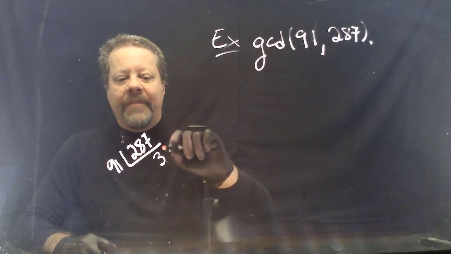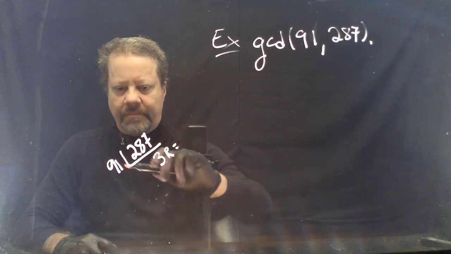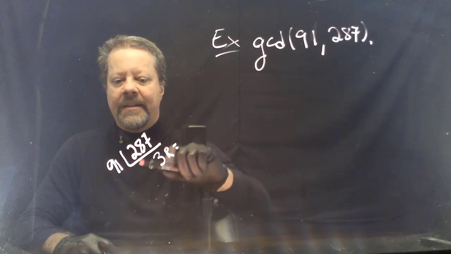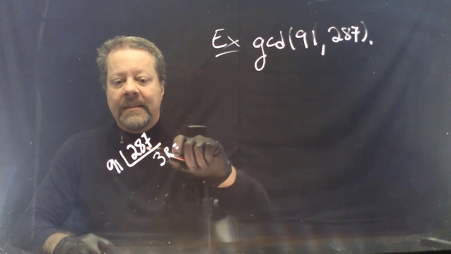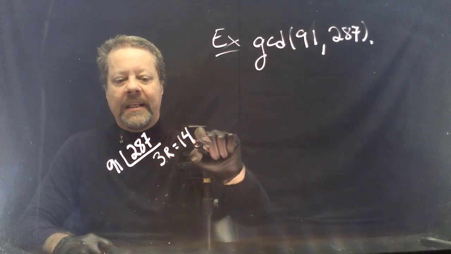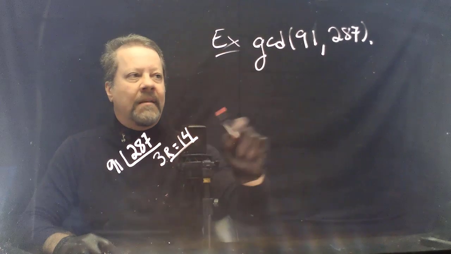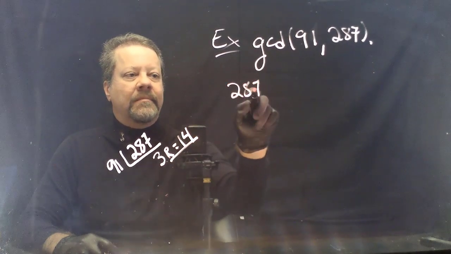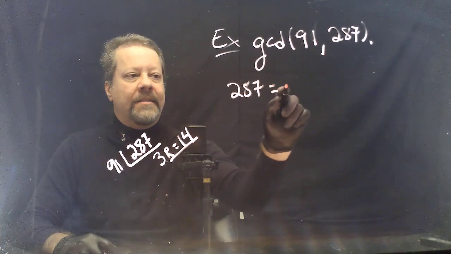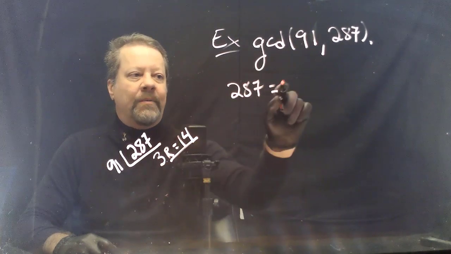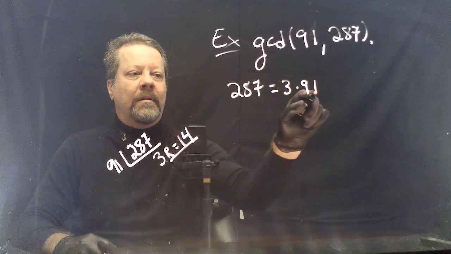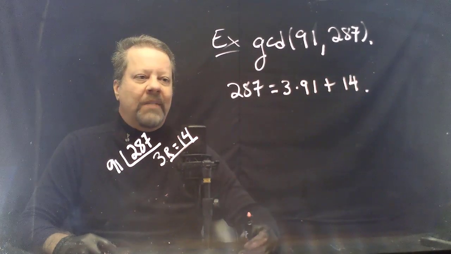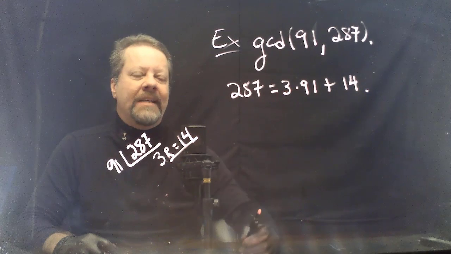We'll have a remainder when we subtract 287 minus 273, that gives us a remainder of 14. Aha! So that means that 287 is 3 times 91 plus 14. So we can break 287 up into these two pieces.